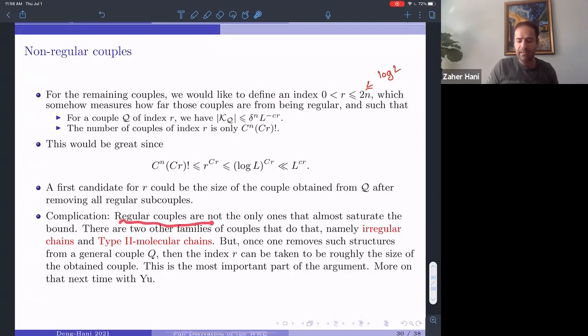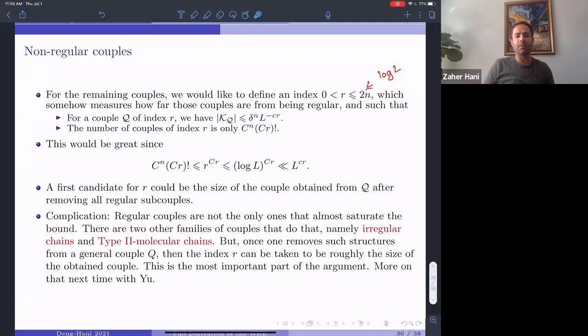The reason is that regular couples are not the only ones that almost saturate the bound delta to the N. There are two other families of couples, namely what we call irregular chains and type 2 molecular chains. I won't be discussing or describing them today, because that's not what I will be talking about. But the key point is that once you do this sort of surgery in order to remove such structures from a general couple, then this strategy works.